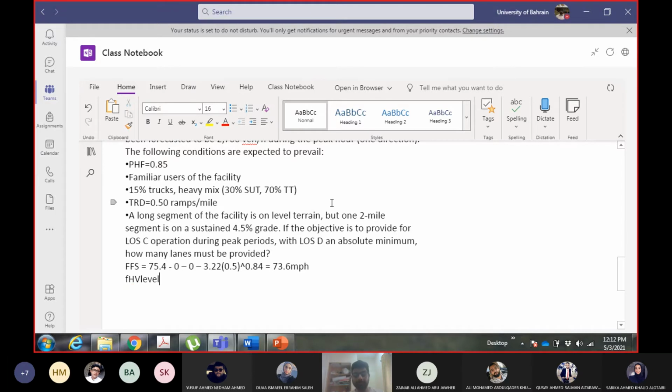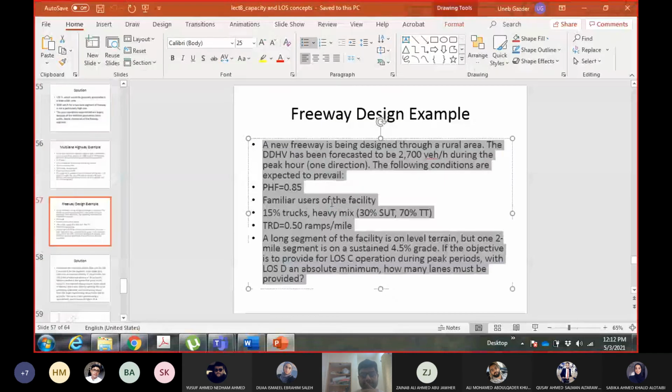Let me calculate for level first. One divided by, percentage of trucks 15%. Then I need the factor.